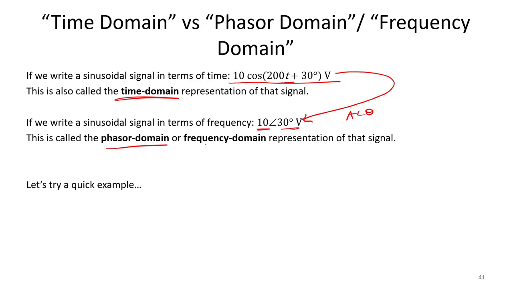We call this phasor domain or frequency domain because the signal is now a function of frequency or function of omega. Remember, in this case, our omega is 200 for that sinusoid. Let's go ahead and try a couple examples of this.